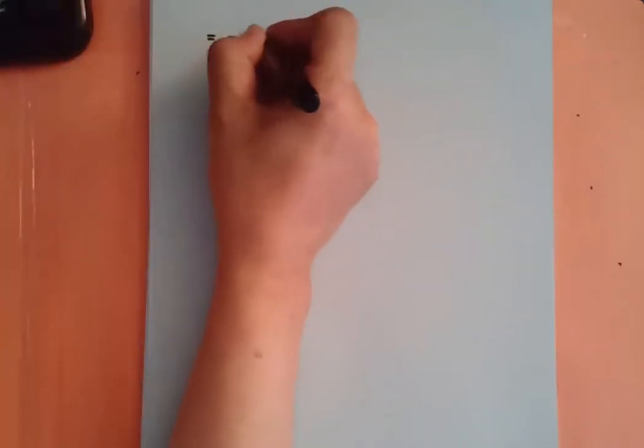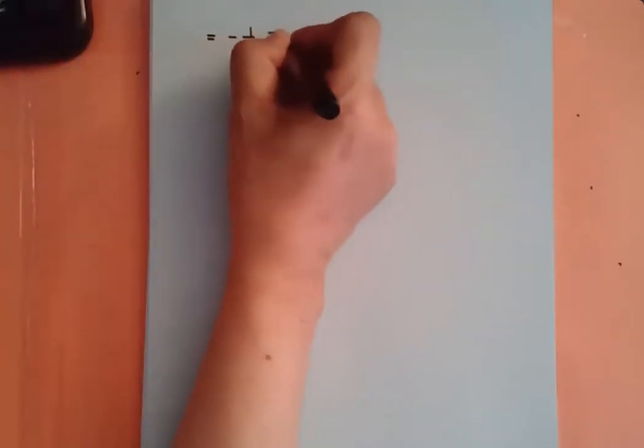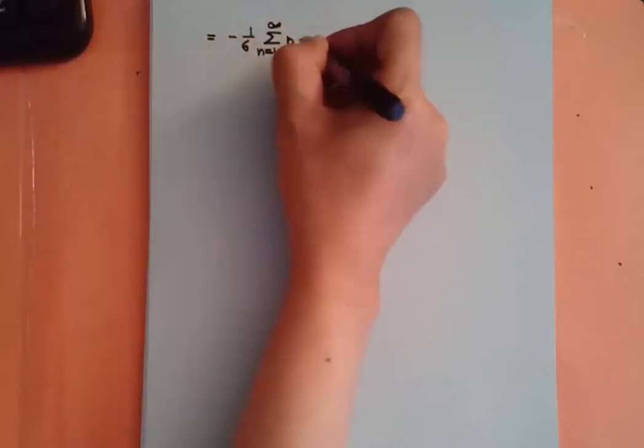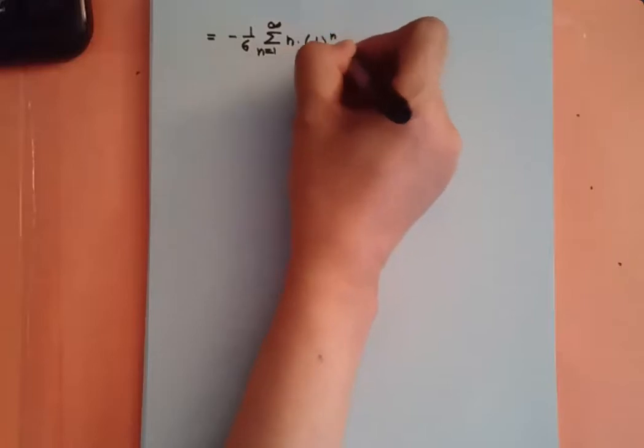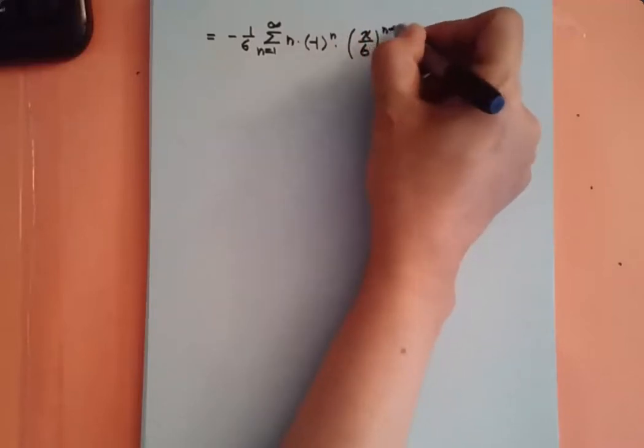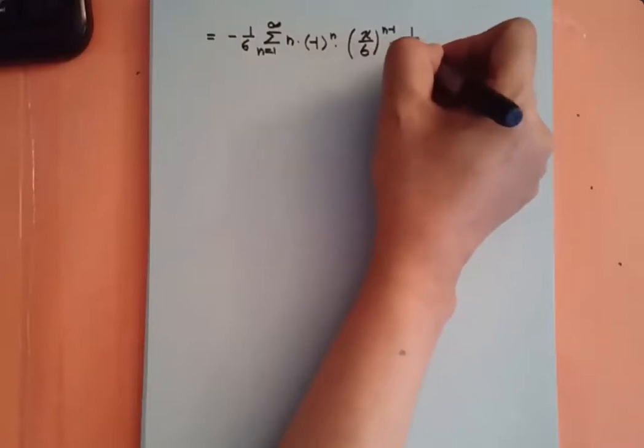So that means that is negative 1 over 6 times summation n equals 1 to infinity, n times negative 1 to the n power. And then we can write it down as x over 6 to the n minus 1 power, times 1 over 6.